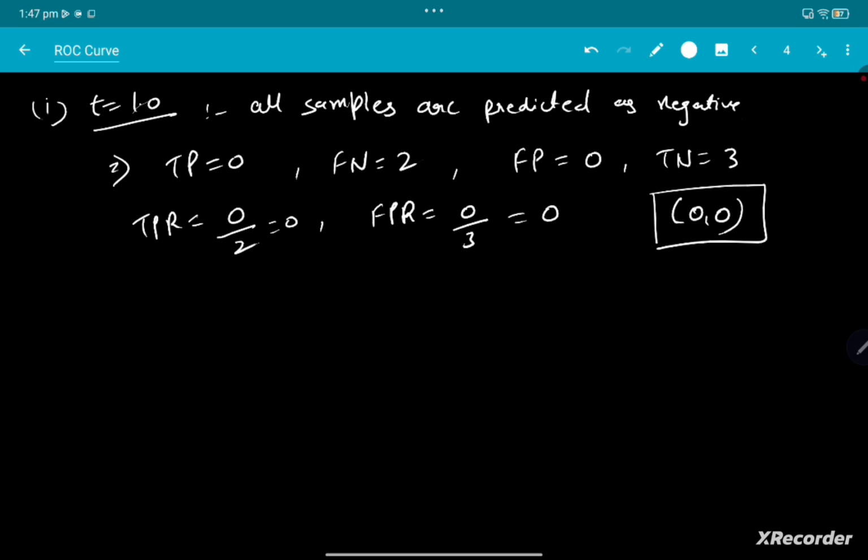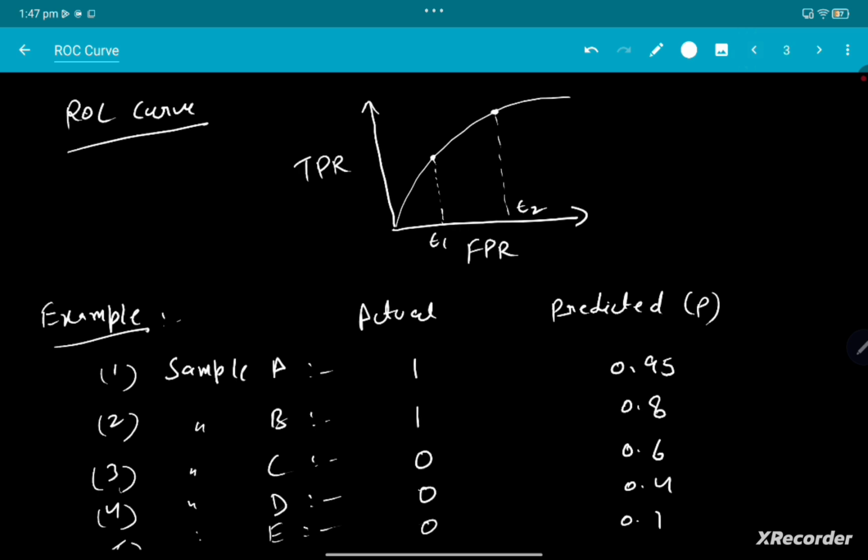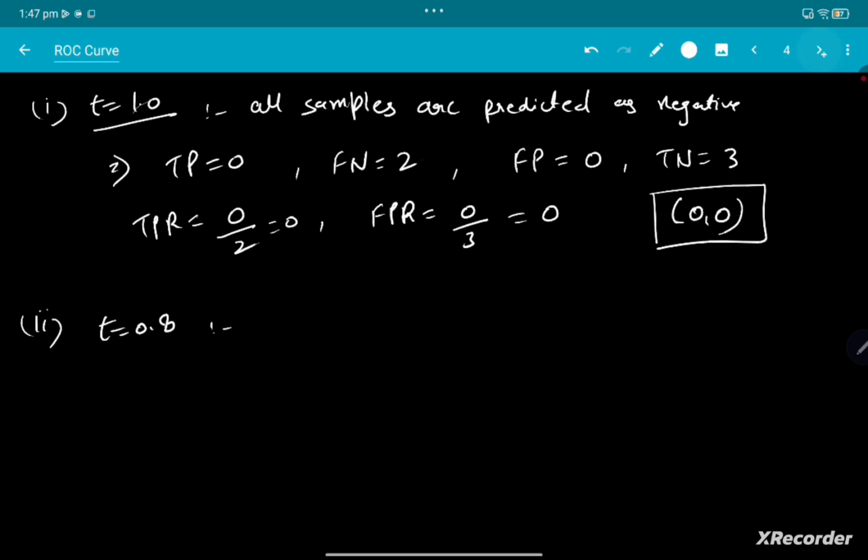Now let us try to reduce the threshold value to 0.8. So in this case, your sample A and sample B will be predicted as positive and the rest of them will be predicted as negative. So the true positive will be 2.